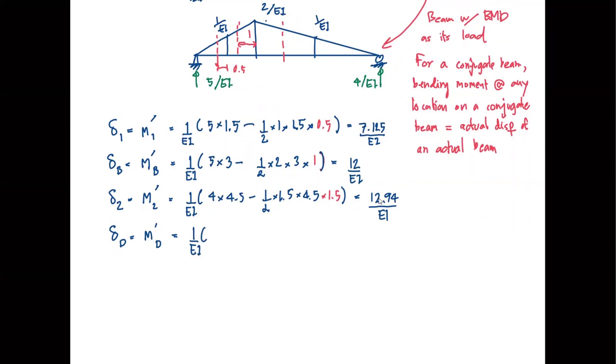The reaction is 4. The moment arm is now 3. Minus the load, which is the triangle. The height is 1, the base is 3. So the moment arm of the triangle is 1. This is 10.5 over EI.